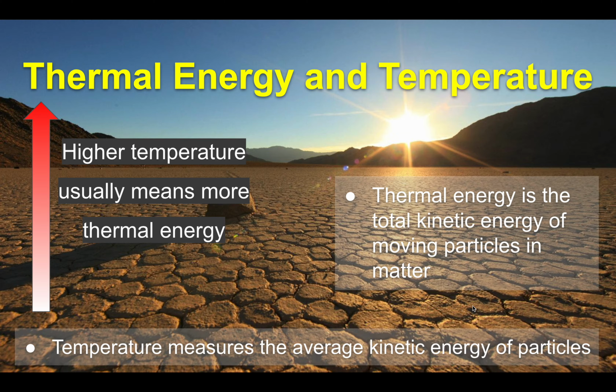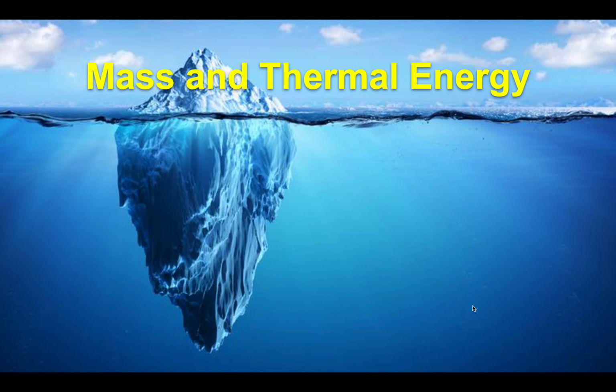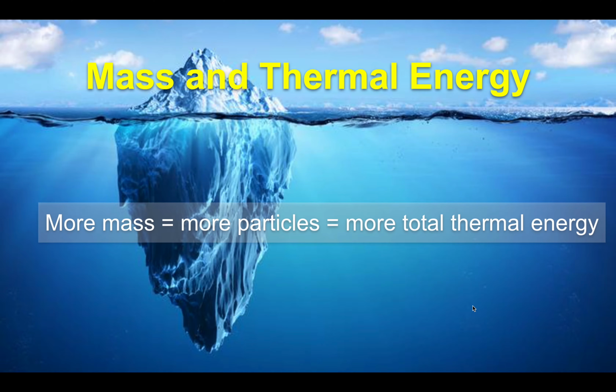Usually we think of more thermal energy if the temperature is higher, but that's not always the case, right? Mass also matters. So remember, mass is a measurement of the amount of matter that something has. So here we have something very cold, an iceberg, but remember cold things have thermal energy, and because this is a fairly big piece of ice, it's going to have quite a bit of thermal energy.